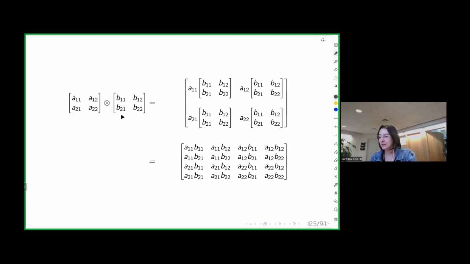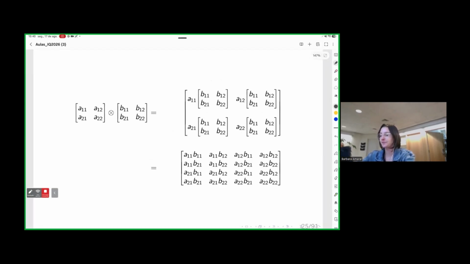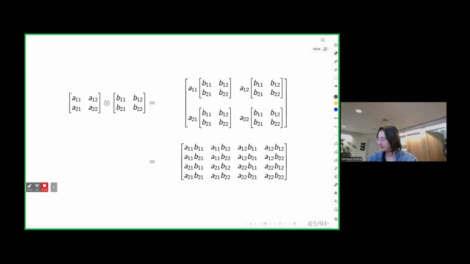So we start with two 2x2 matrices and end with a 4x4 matrix. This is going to be important later. But for now, we are using vectors. So let me just show you what this operation with the vectors will be.